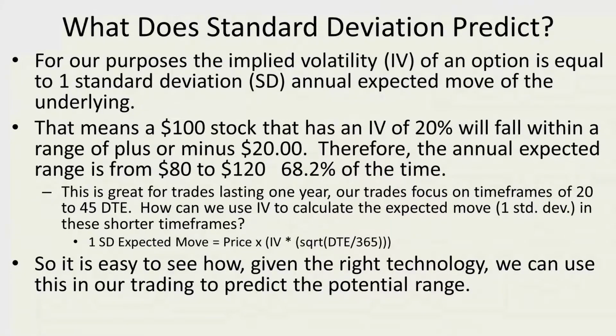So when somebody says, I think Apple's going to be 200 by the end of the year, just go to the probability of the standard deviation and find out. There's about a 2% chance of that, or whatever the case may be. That's why you have to brush some of that stuff off.